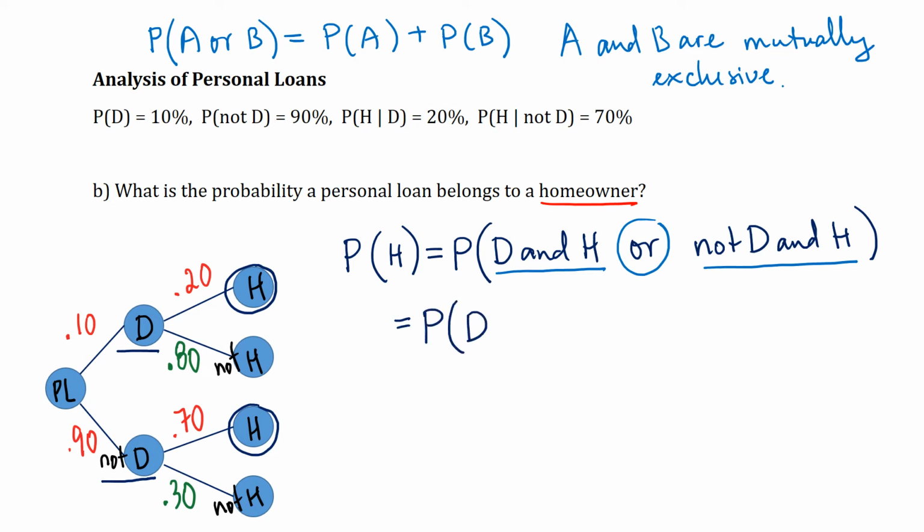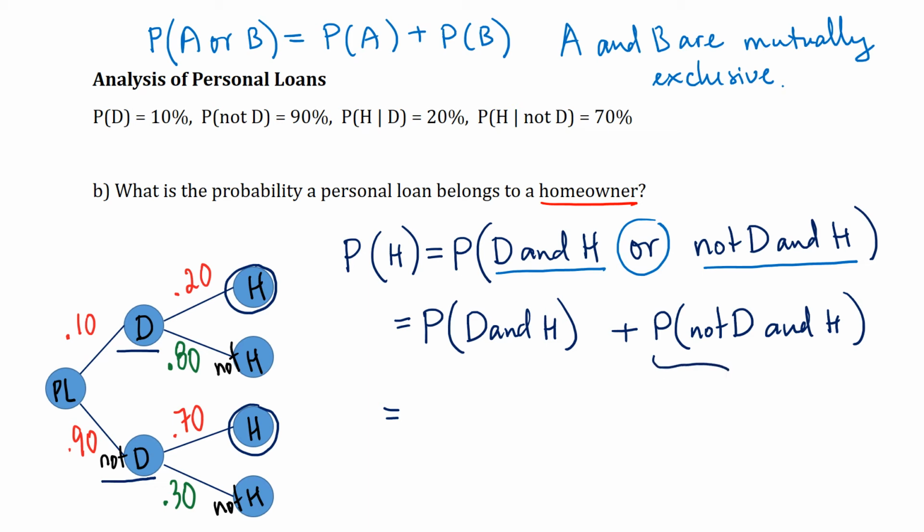Probability of D and H plus probability of not D and H. Now, we're going to work on each of these terms, but recognize that probability of not D and H is the probability we already found in part A of this problem, okay?